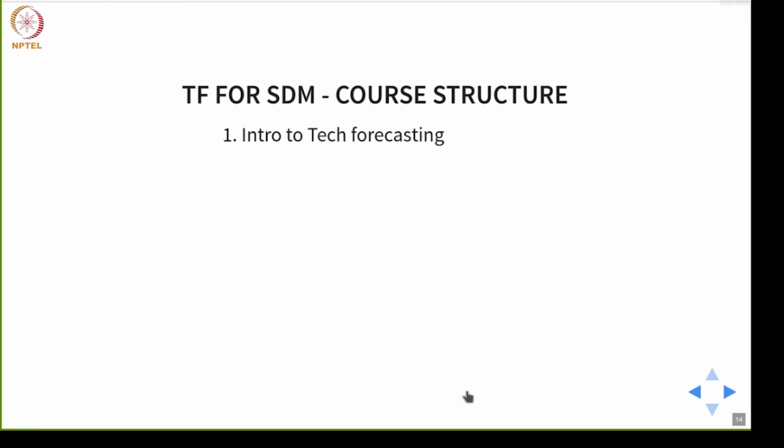What does it look like? This is an overview of all the terms involved. In case you have never heard of this, you shouldn't get scared. We're introducing you to the basics of technology forecasting, the different terms involved, what they mean, and how we define them.